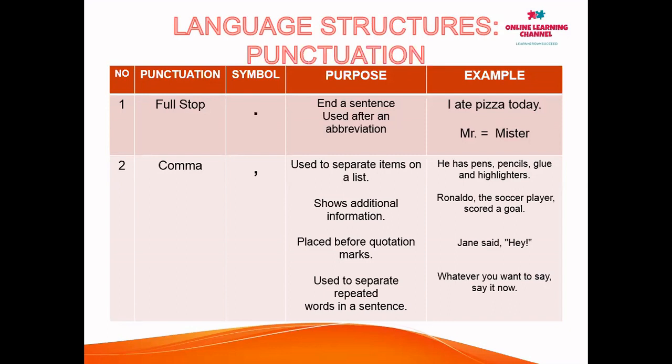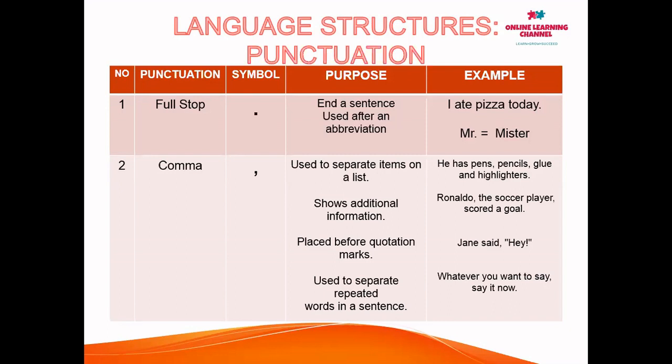Before the quotation, make sure you put your comma. Okay, and the last one, it's used to separate repeated words in a sentence. Remember, you can use one word twice. I just did one easy example for you. Whenever you want to say, whatever you want to say, say it now. So we can't have two words that are the same together. We need to put a pause in between for us to emphasize it in the sentence.